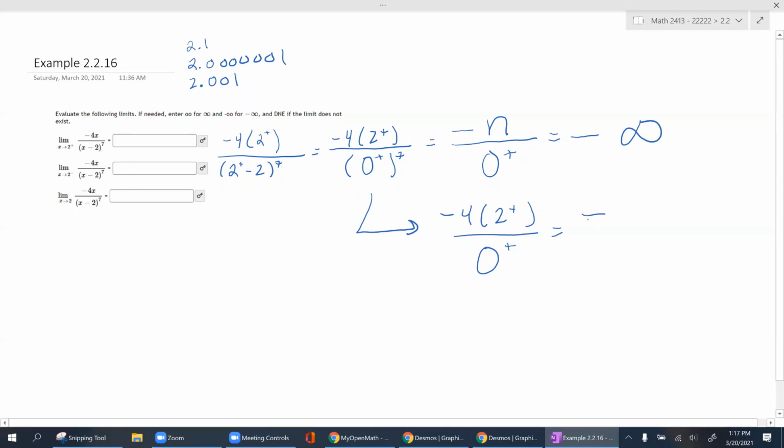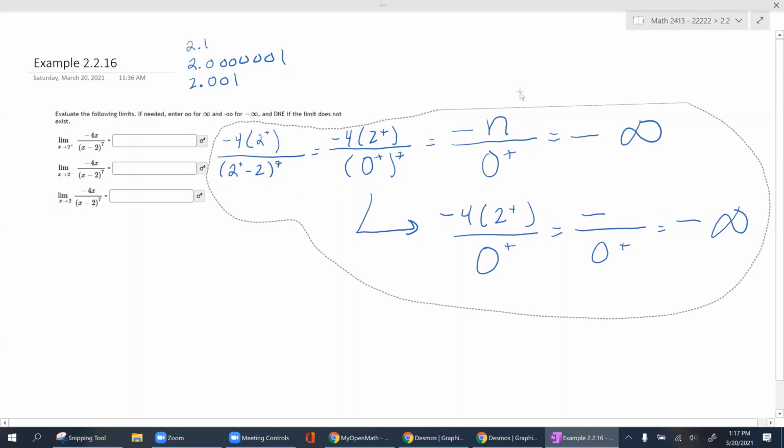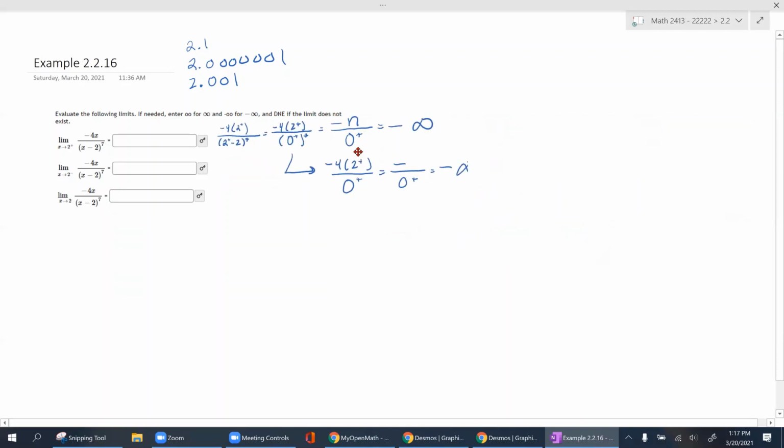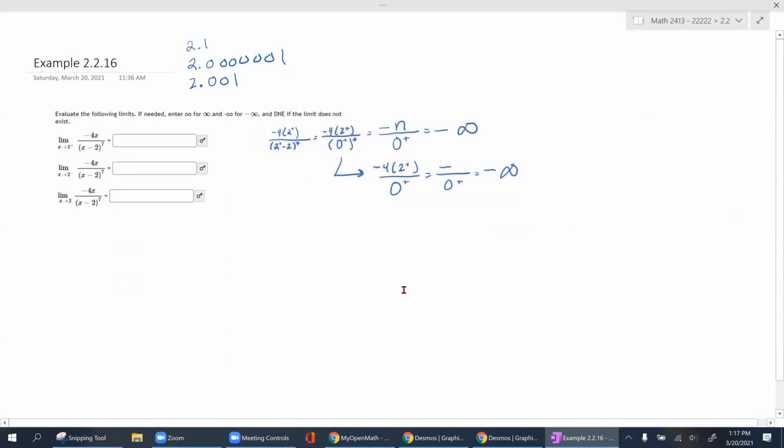So that's going to be a negative number divided by something very, very small. I know that a negative divided by a positive is negative, and it's a negative number divided by 0 slightly from the right. So I know this is going to be negative infinity, all right? Take your steps with these. Take your time with these. Like I said, you have to show your work.